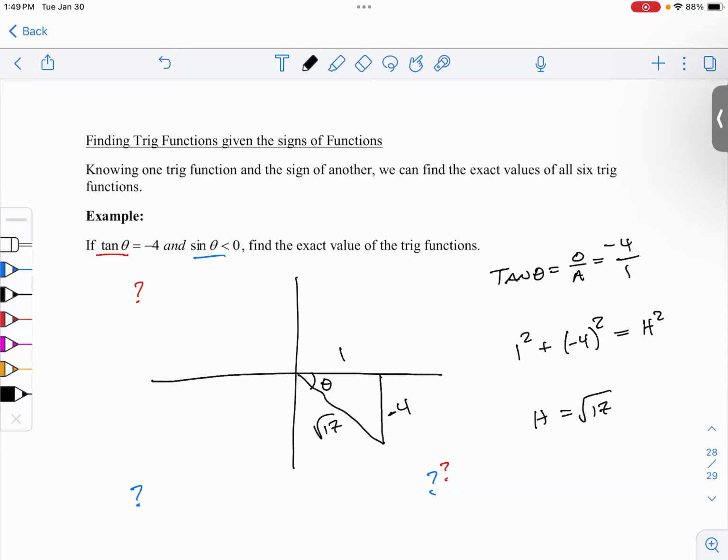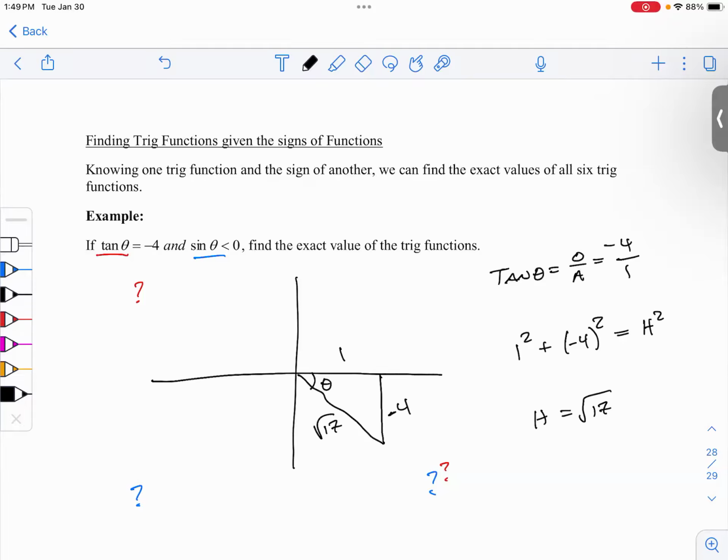And here's the good news, okay? X and Y can be positive or negative. The hypotenuse is always positive, because it's going to represent the distance, and by definition, a distance is always positive. So both of these can be negative, or one can be negative, or neither can be negative, but the hypotenuse will always be the positive value.